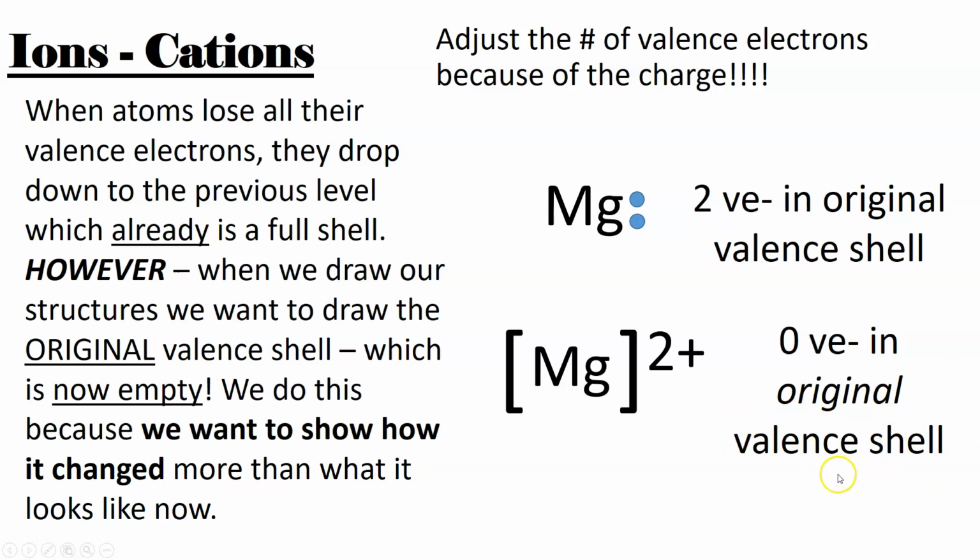And so I'm telling people it lost those original valence electrons. So the nice thing about drawing cations is you don't have to draw the dots, right? Because it's not gonna have any dots in here if it's lost them. So the cations are a little strange because you gotta remember that we're really trying to show the original shell here.